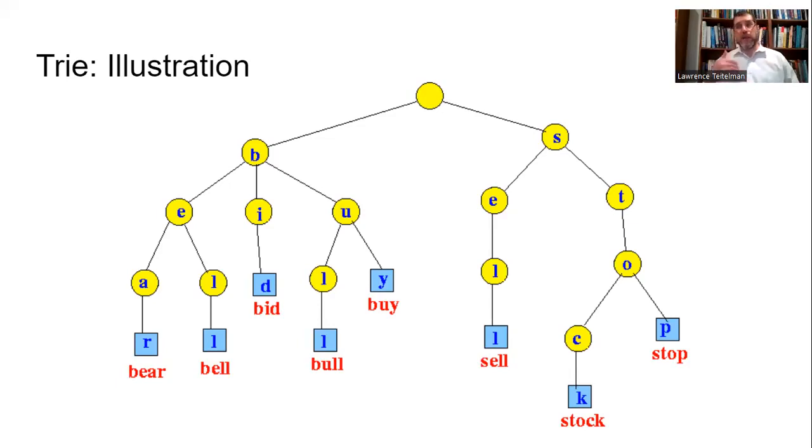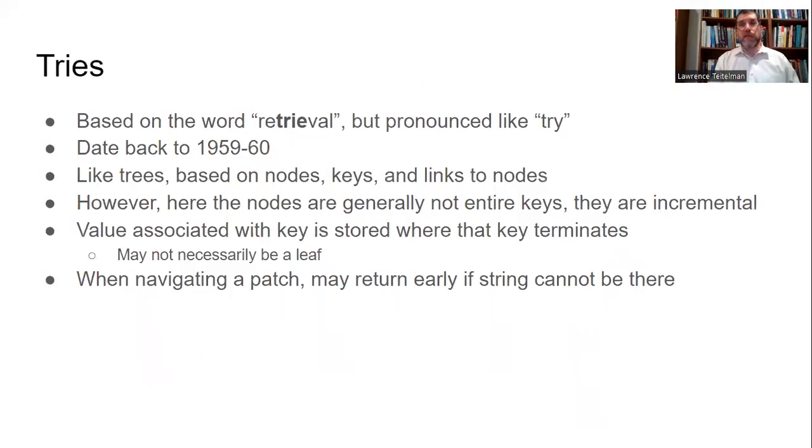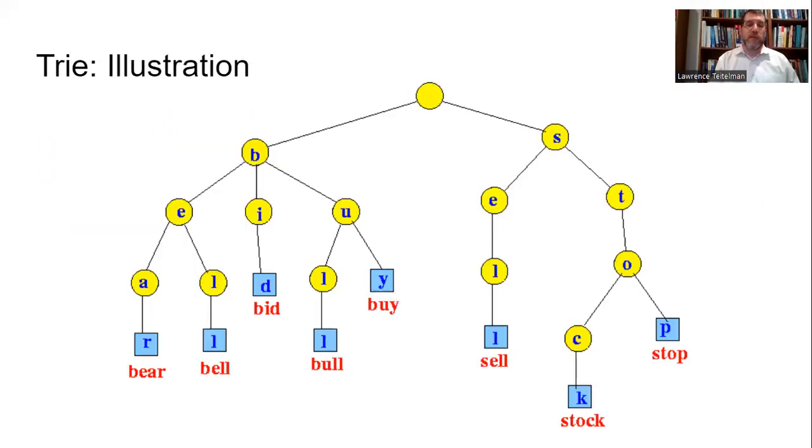I'm not comparing David against, what was that other name there? Dawn, right? I'm not comparing David to Dawn and then comparing David to Dave, and then finally David to David. All right. So now the amount of work it takes is proportional to the length of the word, right? The length of the word determines how far it is, its depth in tree terminology.